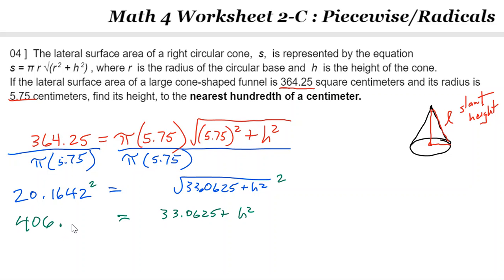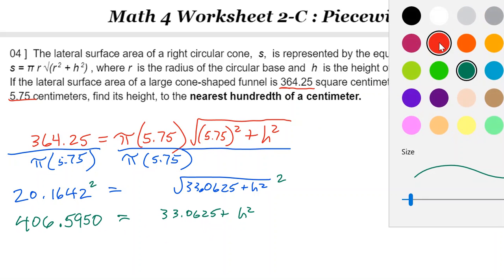Now 59496. I only want 2 more places, so I'm going to call it 50496. The 6 bumps the 9, the 9 bumps the 4. And so instead of 49, it's 50. All right. Now I'm going to subtract this guy right here.